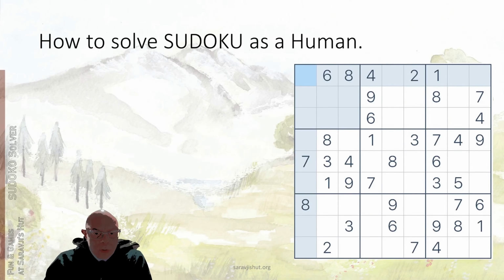As a human, you solve Sudoku with logic. Using this subsection down here as an example, as a starting point, we are missing the digits 2, 3, and 5 to complete all 9 in here. Now remember, all the digits can only be unique in the subsection, in the row, and in the column.